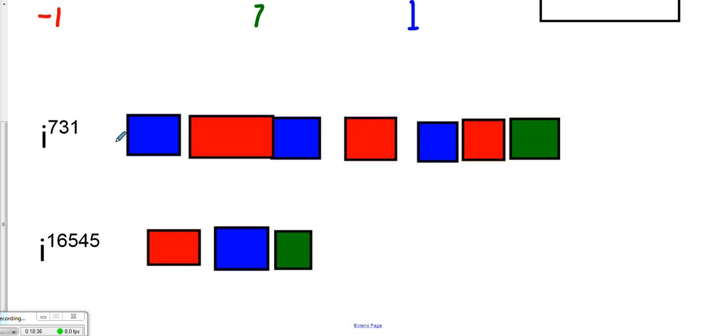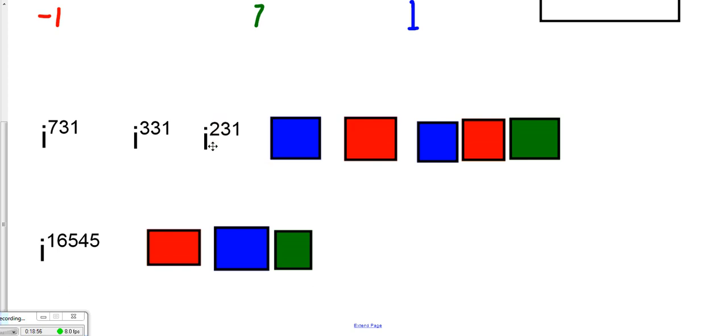Let's try another larger one here. Okay, i to the 731st power. Well, again, I can always take out multiples of 4. So the first thing I'm going to take out is 400. Take away 400 from this and you get to i to the 331st. Okay, again, looking for multiples of 4.